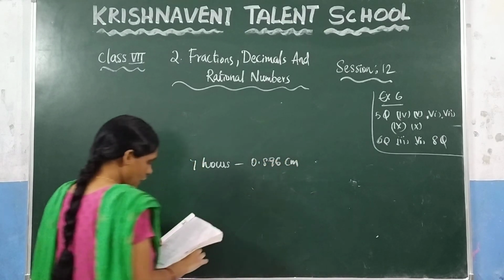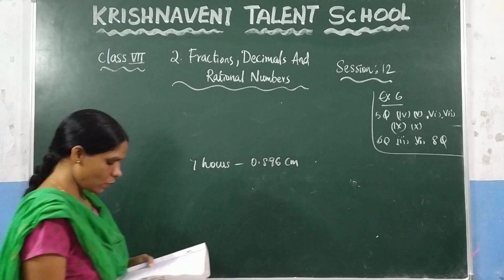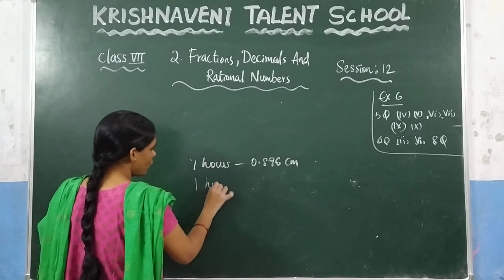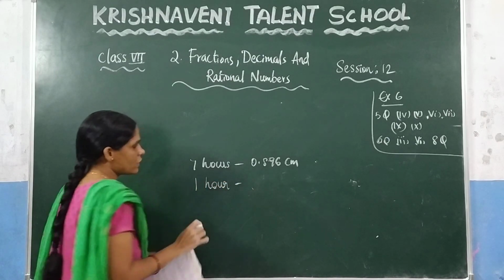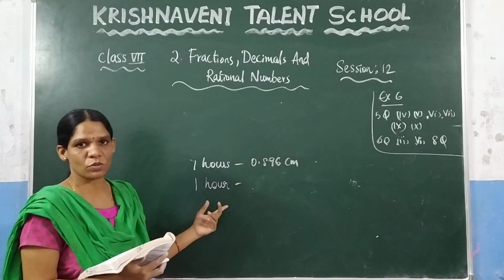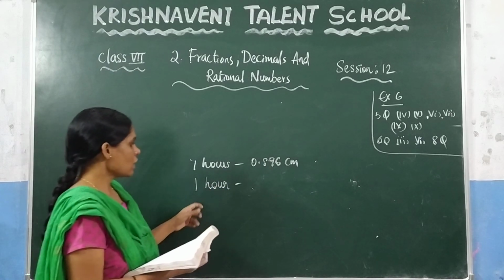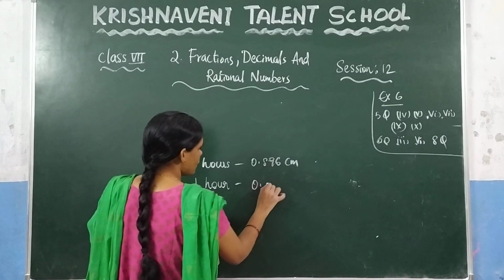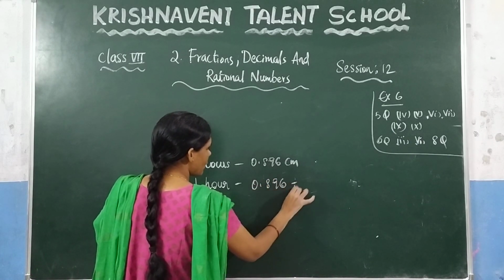Now here they ask what was the average amount of rain per 1 hour. You need to calculate what is the average rainfall for 1 hour. That means you need to divide these two values so that you get the average rainfall in 1 hour. So divide 0.896 by 7.